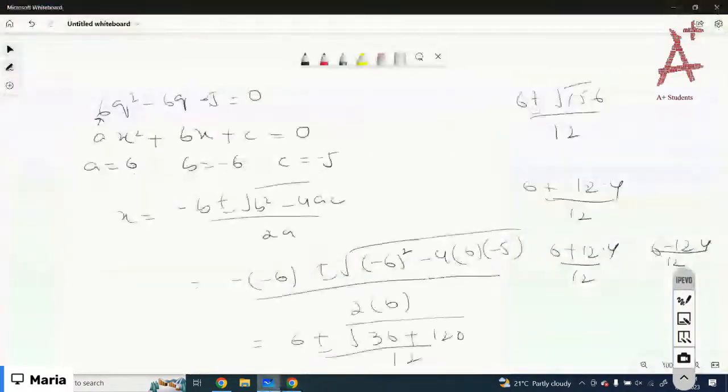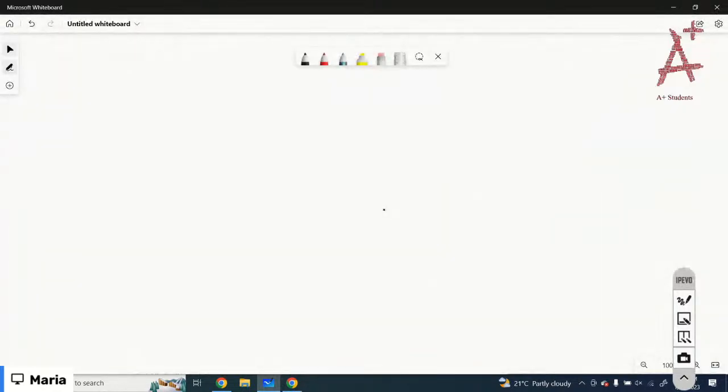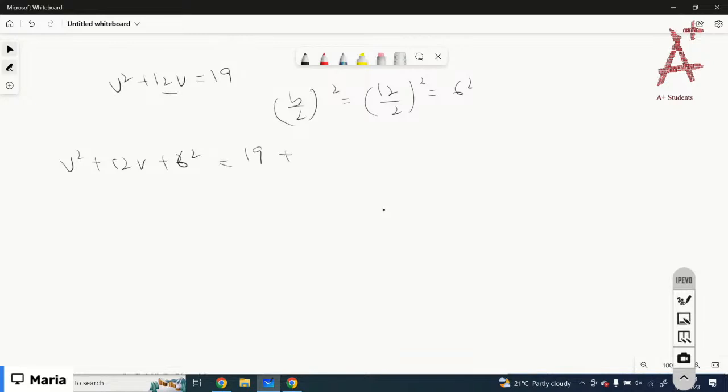V square plus 12v equals 19. We have to add b over 2 square. B over 2 is 12 over 2, that would be 6 square. Just add 6 square both sides. It would be v square plus 12v plus 6 square equals 19 plus 36. So this is the square of v plus 6 whole square, and 19 plus 36 would be 55. Got it?